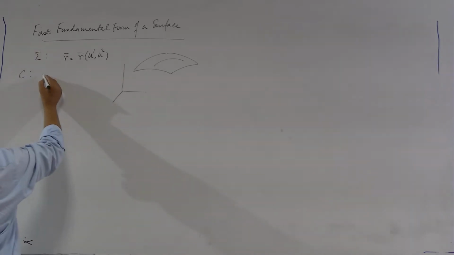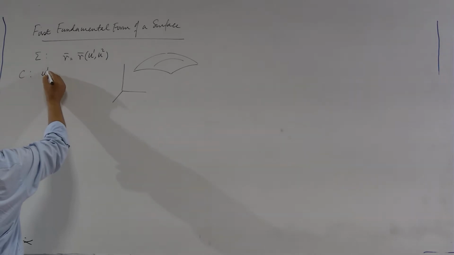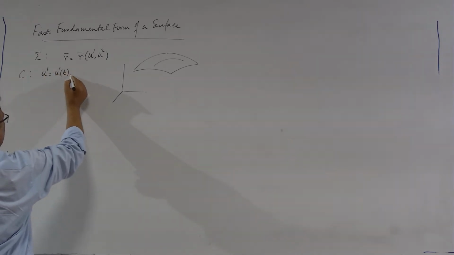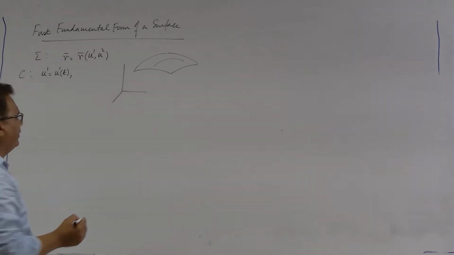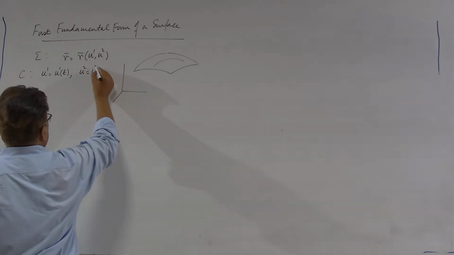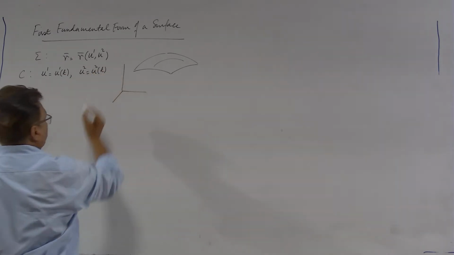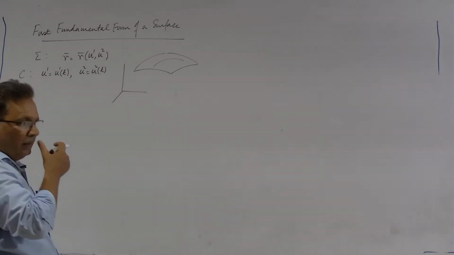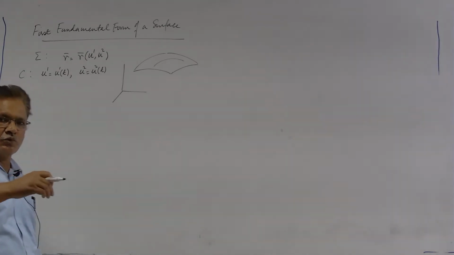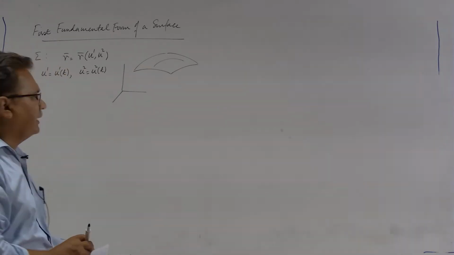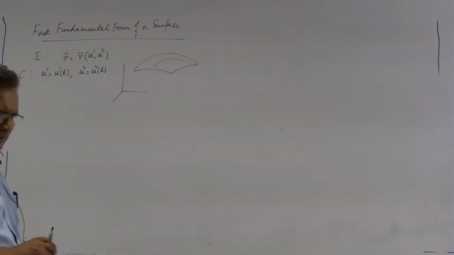will have parametric representation as U1 equal to U1(t). U1 will become a function of a single parameter t, and U2 is also a function of the same parameter t. Okay. U1, U2 are varying over the rectangle, and U1 as well as U2 becomes a function of another single parameter t, then this will give rise to a curve.